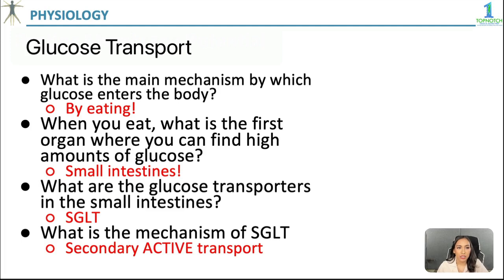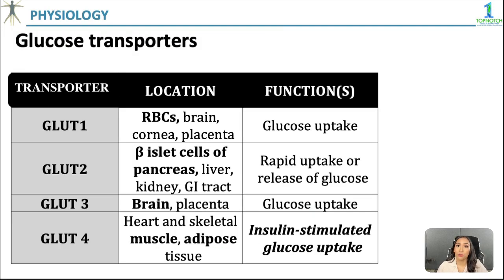Okay, let's go to the glucose transporters and their locations and functions. So GLUT1 is found in RBC. It functions for glucose uptake. GLUT2 is found in the pancreas. Also functions for uptake and release of glucose. GLUT3 is in the brain and placenta, also for glucose uptake. GLUT4, very unique ito.